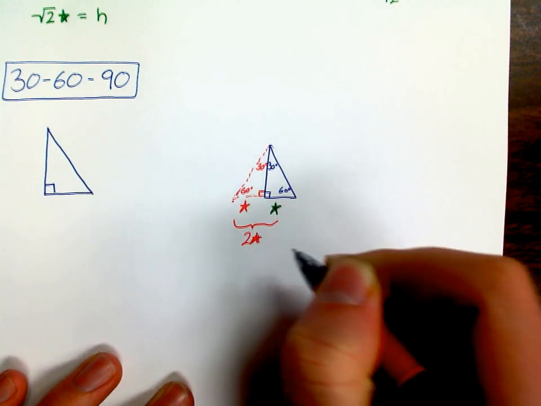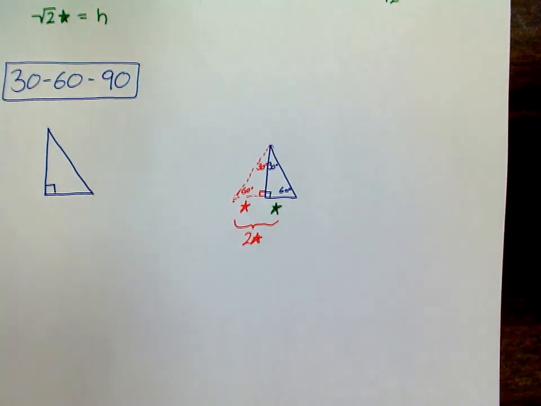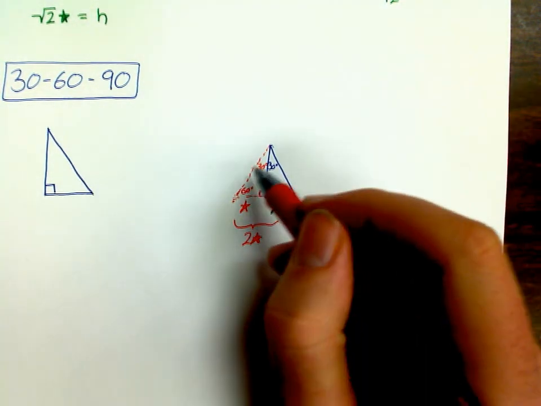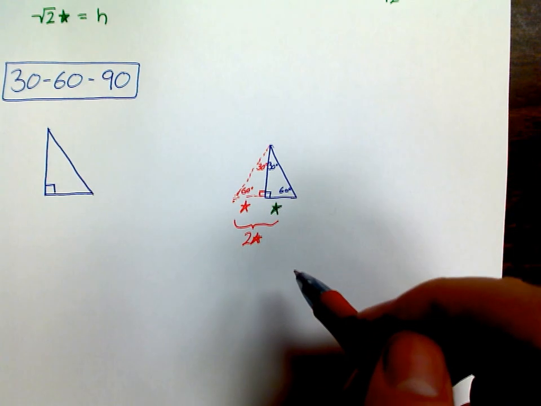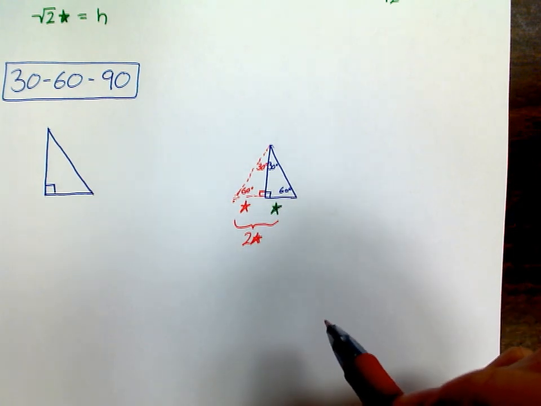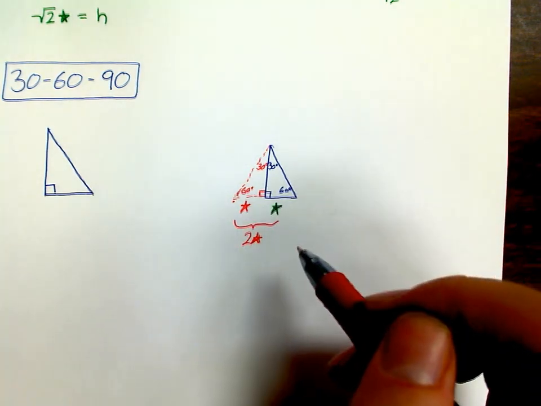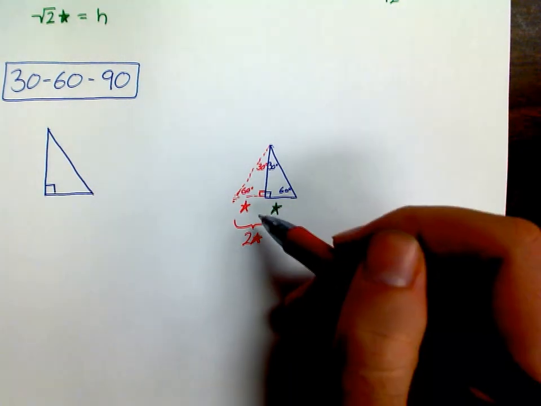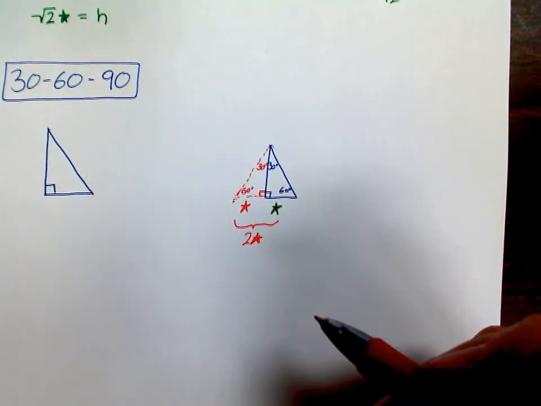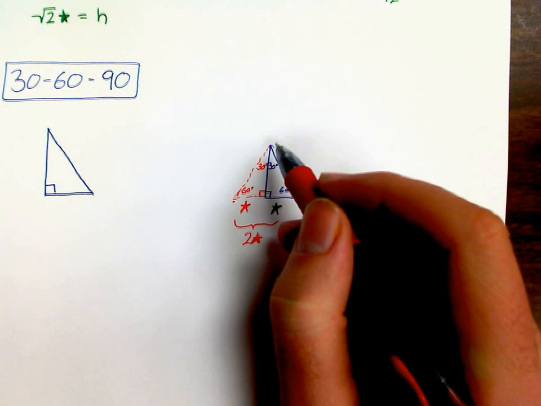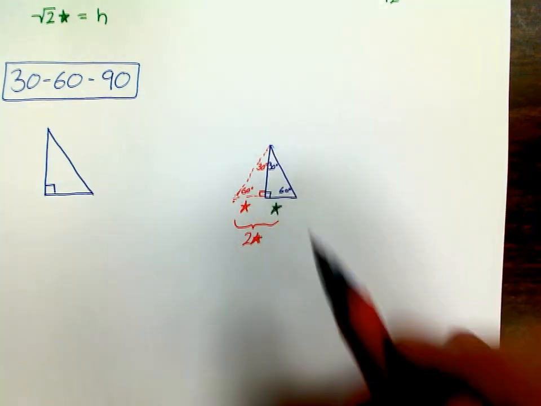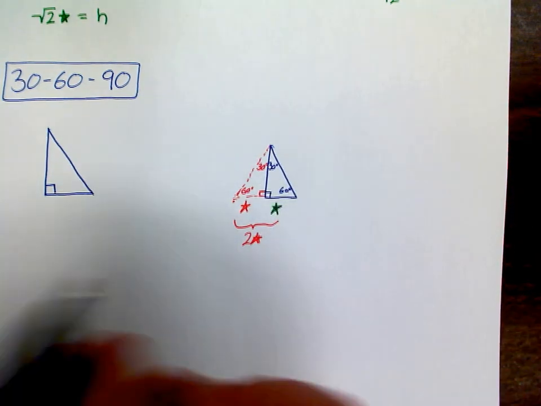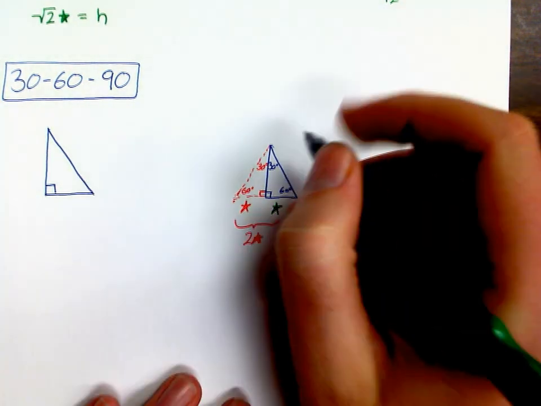Okay, well, that's helpful because we said earlier that this was an equilateral triangle. Well, the other property of an equilateral triangle is that all 3 sides are congruent. So if this side of the equilateral triangle is 2 star, that means that this side also has to be 2 star. Which is really helpful because that's the hypotenuse of my original triangle.